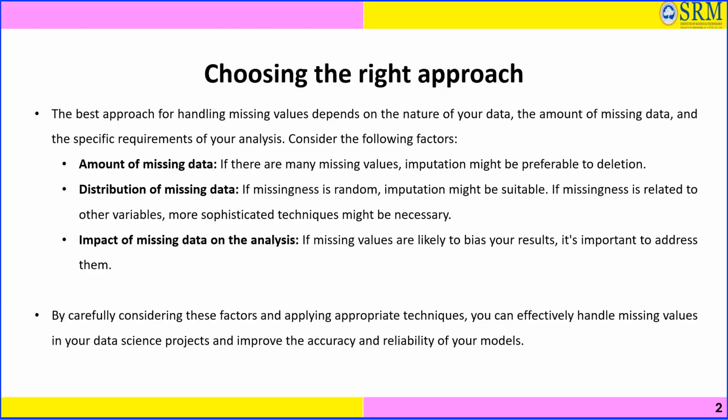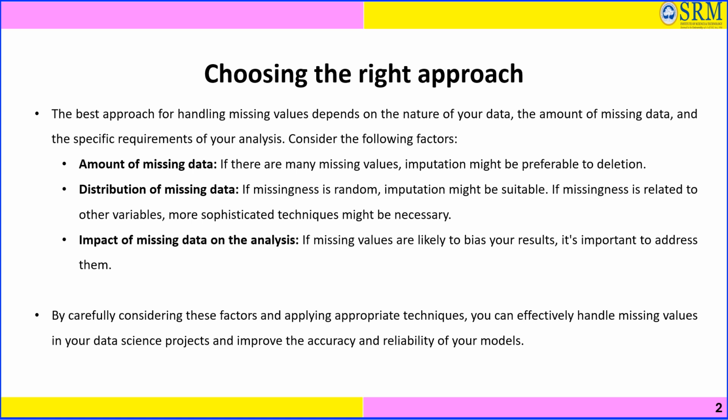So far we have seen how to handle missing values. One is imputation, another one is deletion. Deletion means if you have more missing values, then go for deletion. But if you have fewer missing values, in that case, you have to impute. Or it's not that you have to impute only with fewer missing values. Even if you have more missing values, if you're confident about the data, then you can go for imputation.